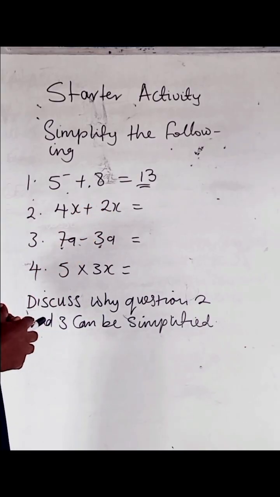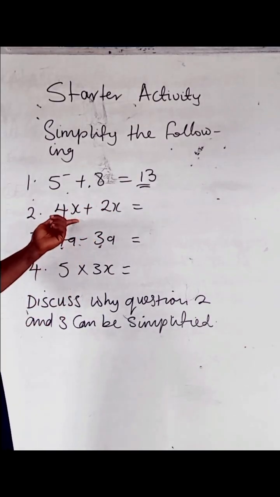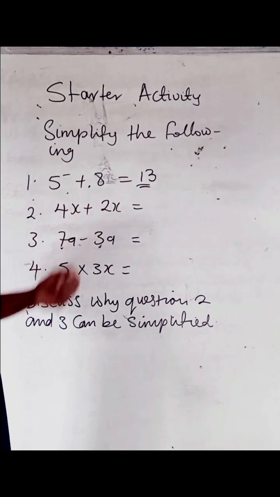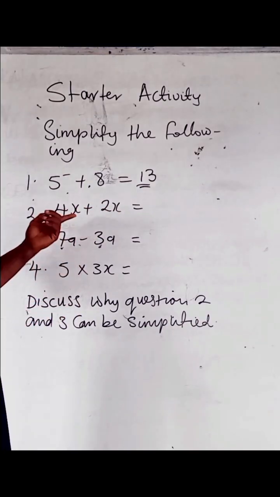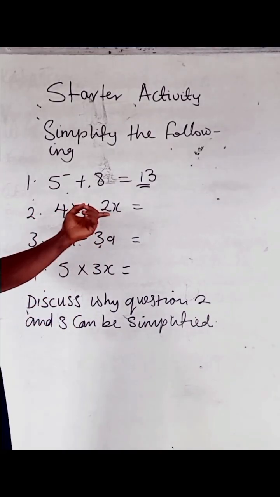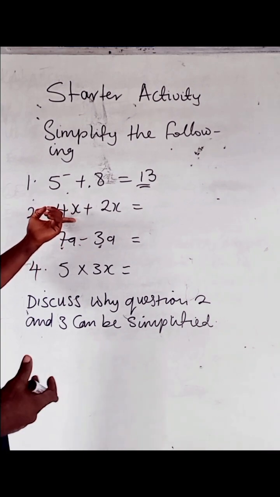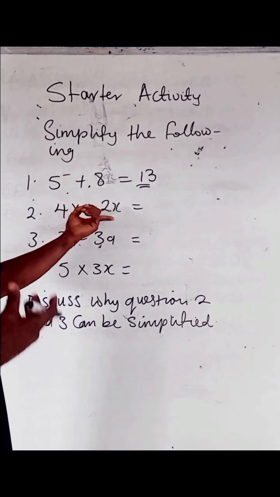Another thing we can see about this algebraic expression is that the letters are the same. The first expression is 4x, plus the second expression 2x. The first expression contains x. The second expression also contains x.